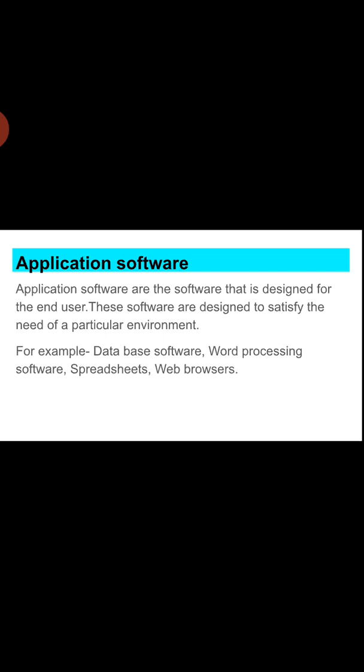Like if you want to draw something, you can choose MS Paint. If you want to listen to music, you can choose the music file. If you want to search something, you will choose the browser. Examples of application software are database software, word processing software, spreadsheet, web browser. These are the common examples of application software.